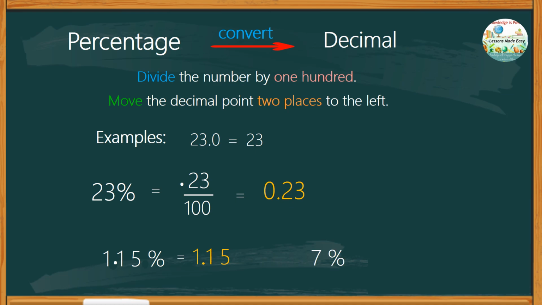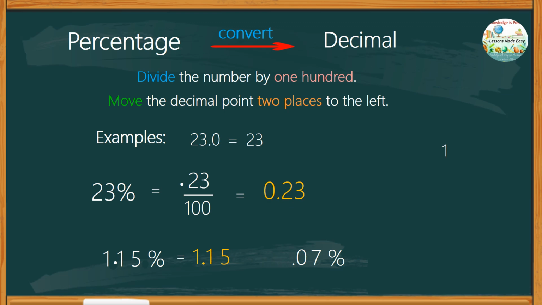But what about if the number is a single-digit number, like 7%? Since we need to move 2 places to the left, and 7 is a single-digit number, we need 1 more digit as a placeholder. And the only digit we can use is 0. But why 0? Why not any other digit? This is because 0 takes the place but does not change the value of the number.